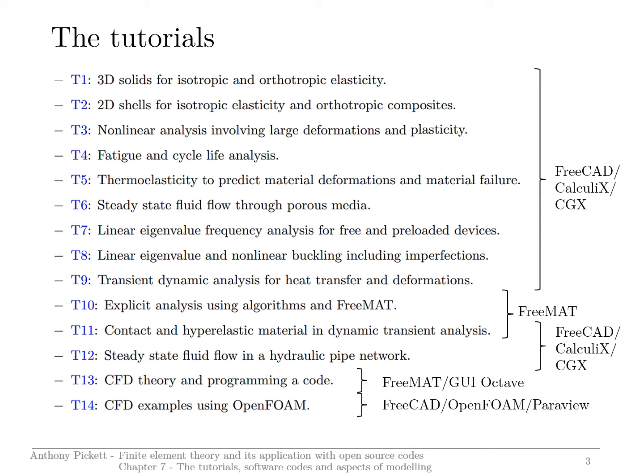And then lastly, I use FreeCAD again, which is linked to OpenFOAM for a CFD analysis. And in this case, we use another open source post-processing code called ParaView, which I will be demonstrating also in the tutorials that I've prepared after following these lectures.